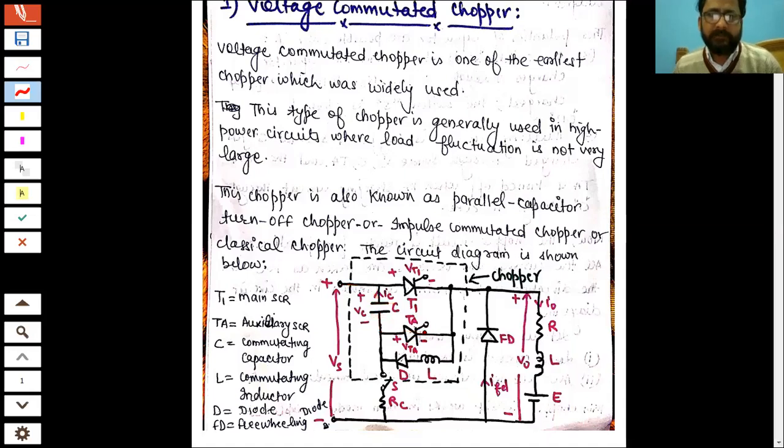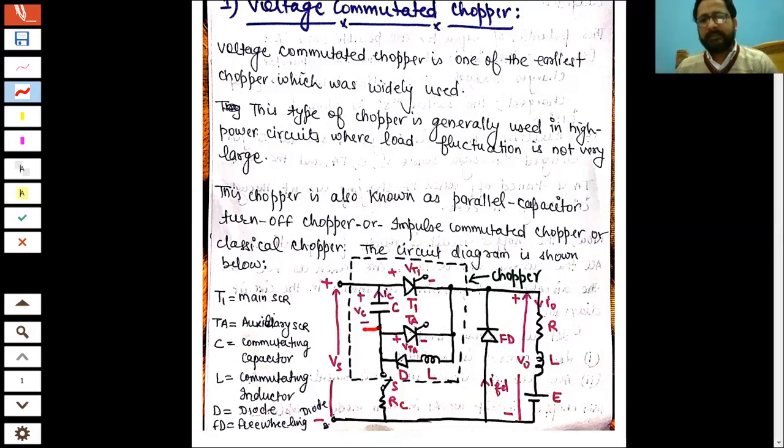For TA, that current is the anode current. If you see, for TA it is the anode current, right? So the anode current of TA will become zero, which means it will turn off. Then the auxiliary SCR is turned off, right? So there are two ways by which we have capacitor C charged initially with a voltage VC, right?